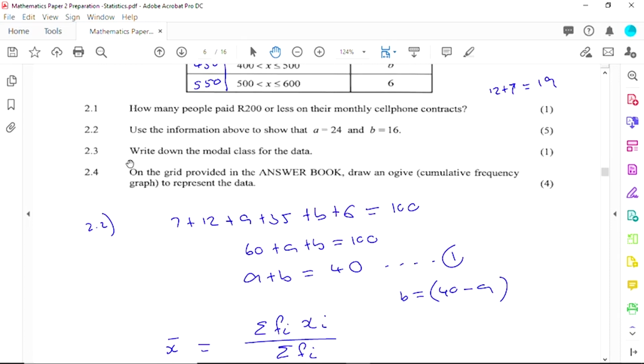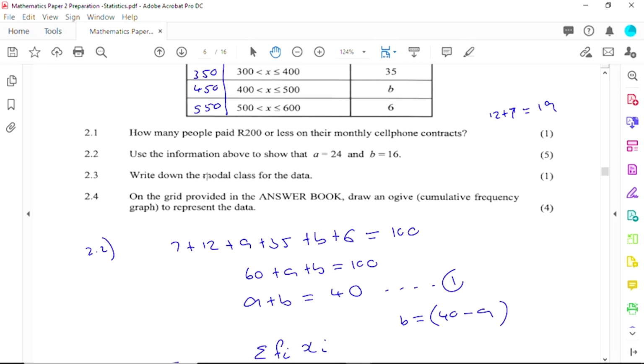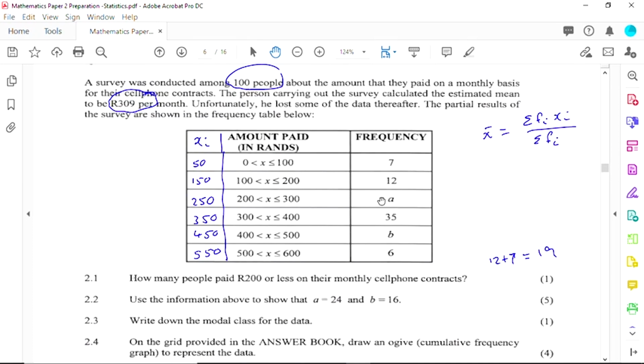For number 2.3, we want to write down the modal class for the data. The modal class is the class with the largest frequency.